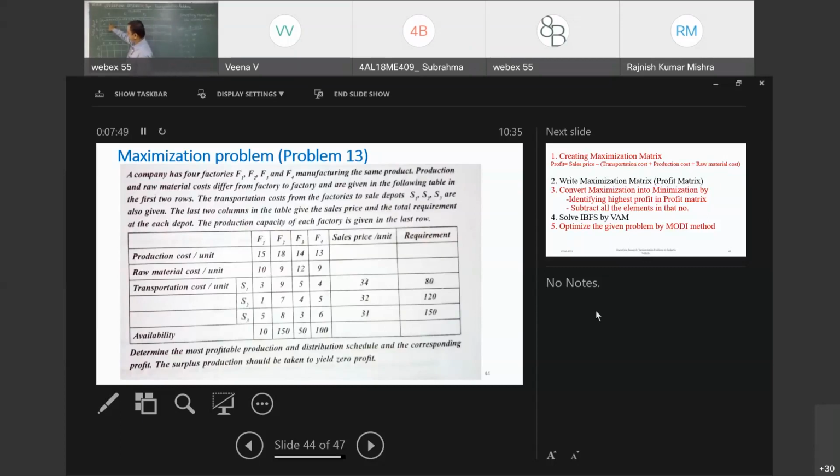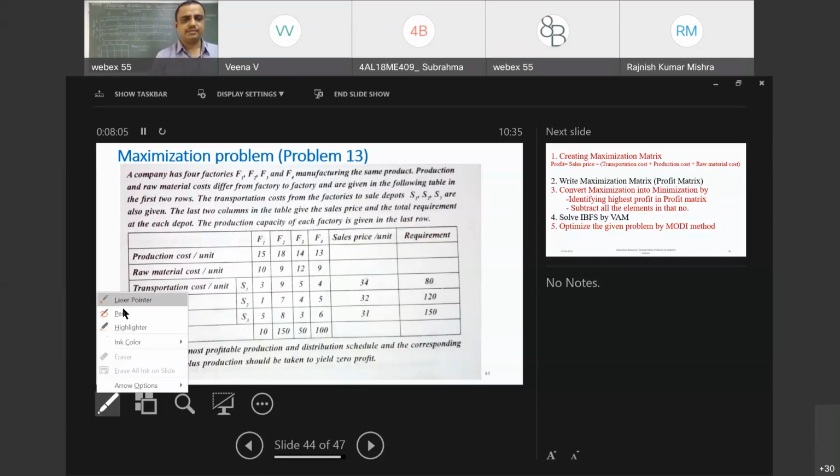So for the first cell, 34 is the sales price. And what are the costs they are given? They are given different costs. One is 15, the next one is 10, and the next one is 3. In the first cell, the sales price 34 minus 15 plus 10 plus 3.